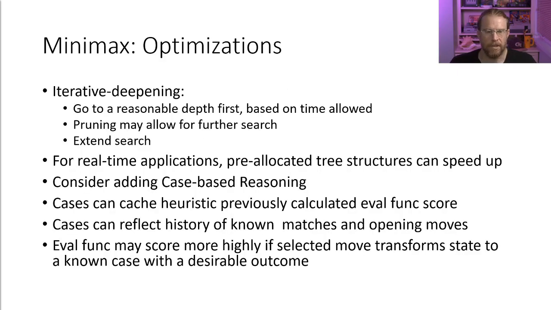Some other approaches include iterative deepening. So you go to a reasonable depth first, and this would be based on the time allowed. Pruning might allow for further search, or for whatever reason, you might decide that you want to go deeper. This can play in nicely with games where you have an overall allocation of time, like an hour.